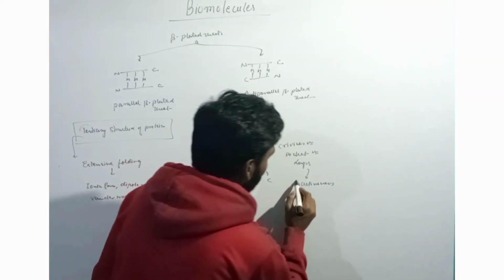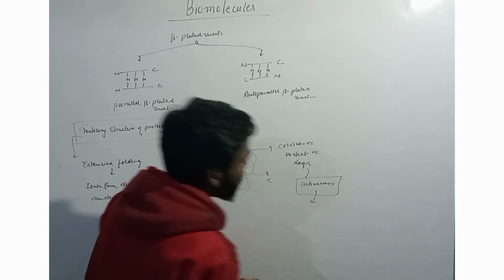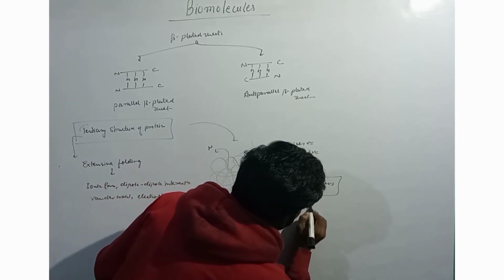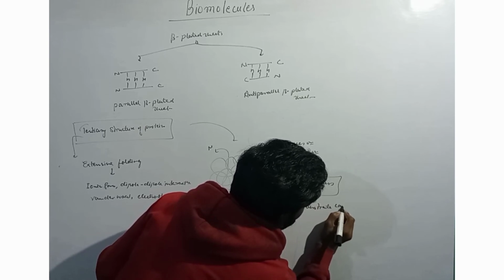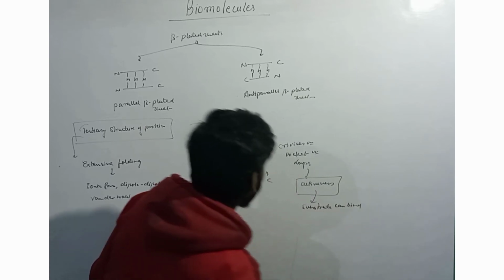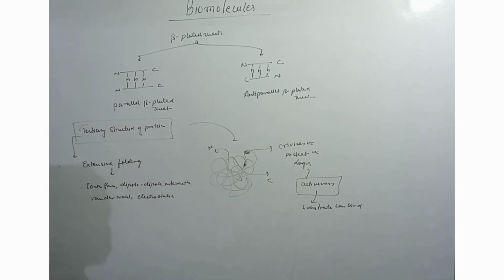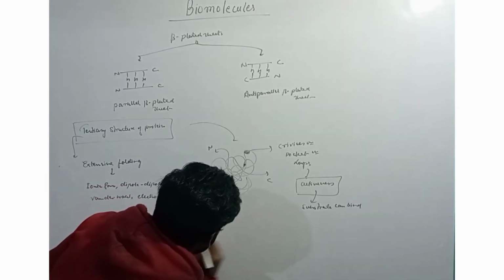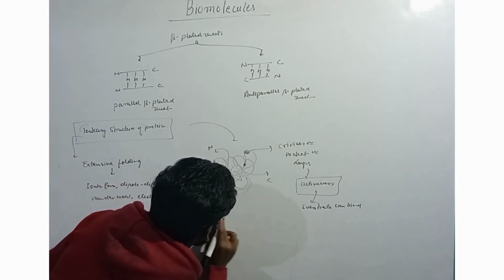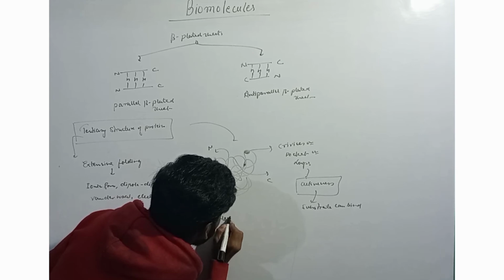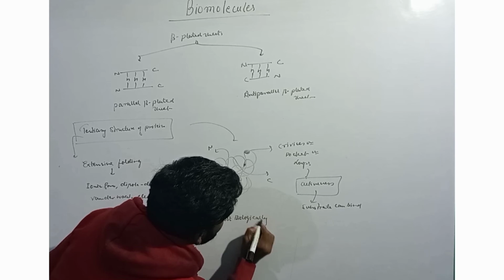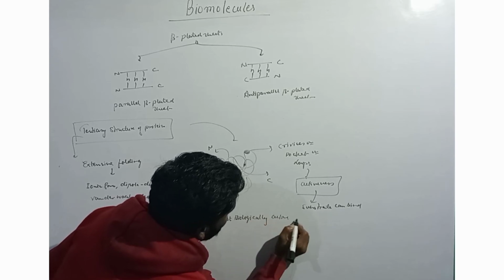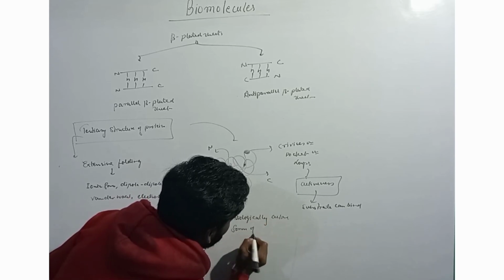The tertiary structure is called the most biologically active form of protein.